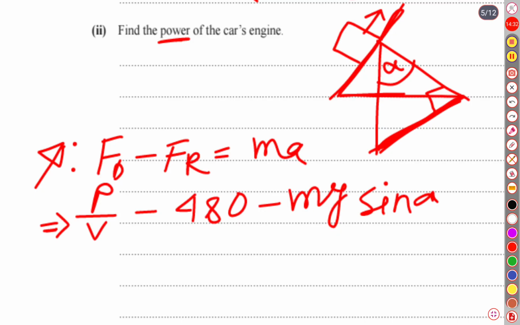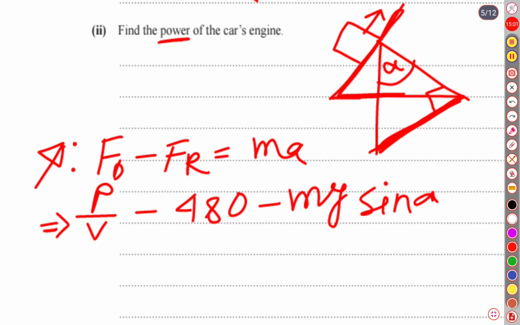For a horizontal component, we always use cos theta, but as this is not lying on the horizontal, it is just an inclined plane. In the case of an inclined plane or hill, it is parallel to the vertical component of the triangle. That's why this is mg sine angle.